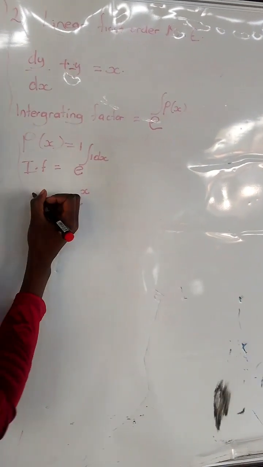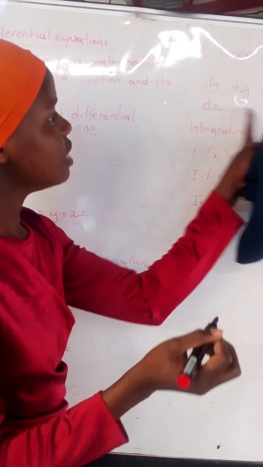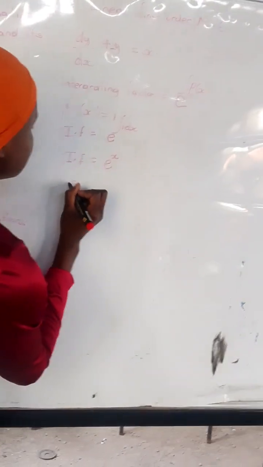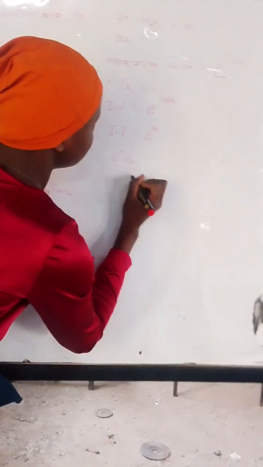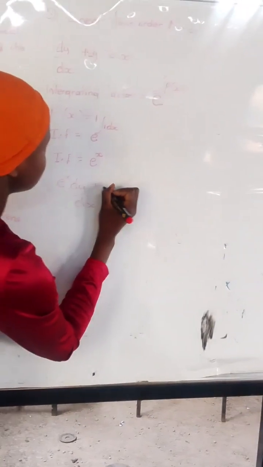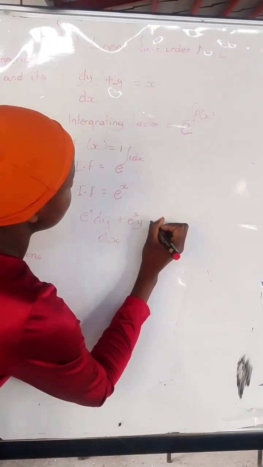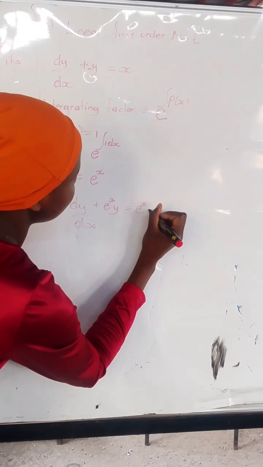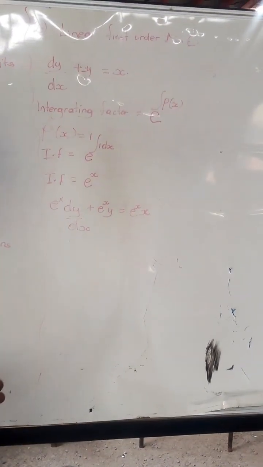After getting the integrating factor, we multiply it through the whole equation here. So you're going to get e^x dy/dx plus e^x y equaling e power x times x.